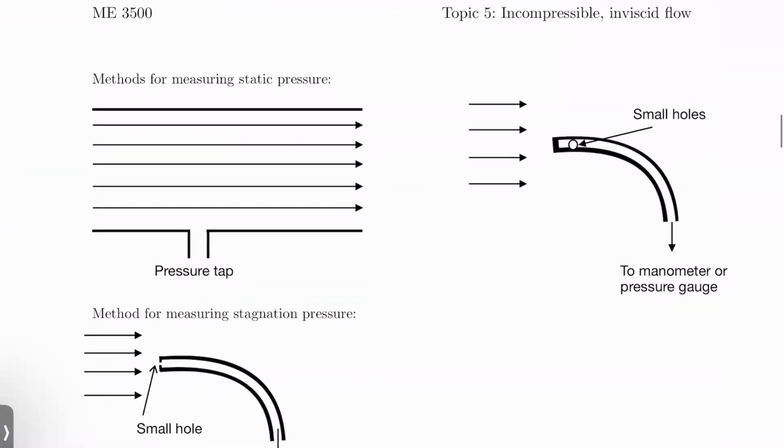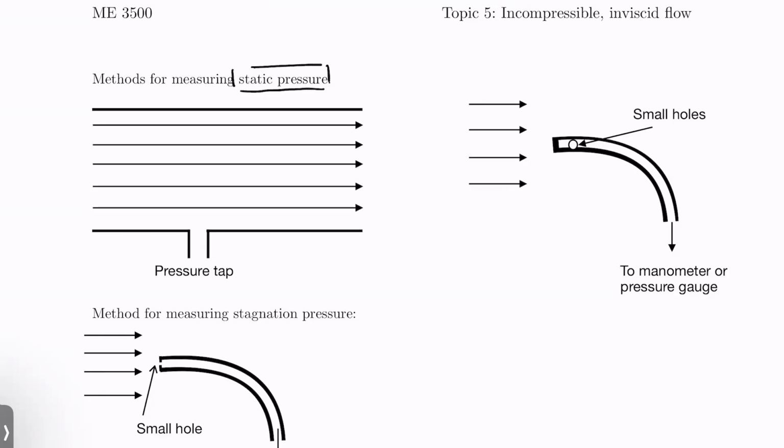Okay, so before I get to that one, I have a couple other methods that I want to talk about. There are a few methods for measuring static pressure. So the first one, and this is static pressure, remember, is we put in a pressure tap right here. So this is like we have a tube or a channel where flow is coming through it, and then we have a little pressure tap at the bottom so we can measure our static pressure there.